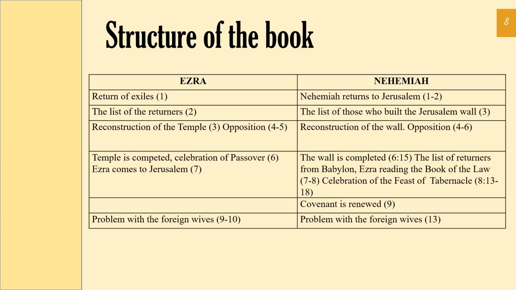Because the tradition is long, and this is from the Hebrew. Yes, there is a question: if there were two different books, why were they combined together as one and presented afterwards as one book?